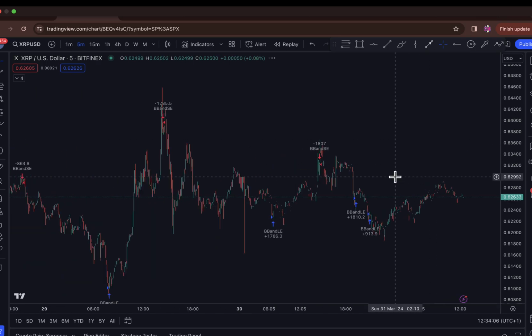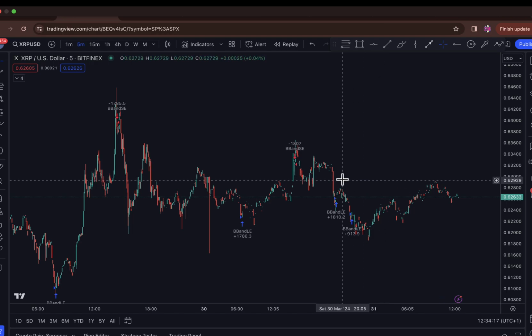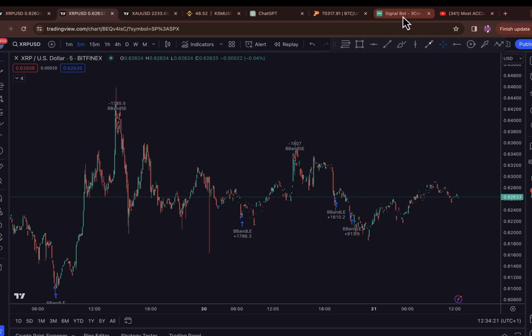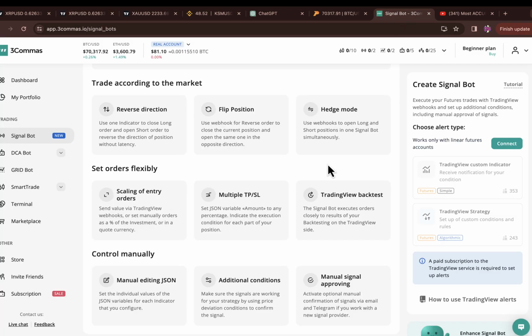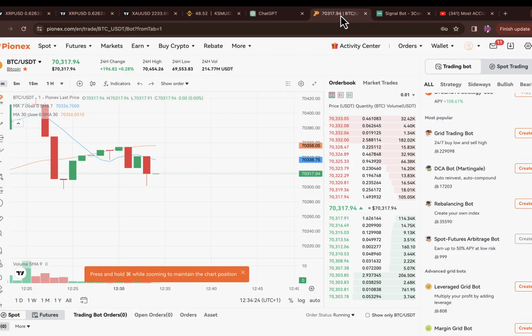Now, what you can do now is connect this strategy, turn it into a bot so the strategy can actually trade for you. You're going to need a signal bot from either TreeCommerce or Pionex. These are the platforms that support signals from TradingView.